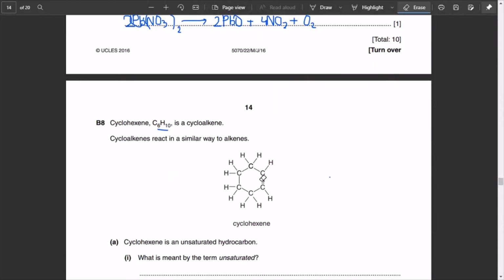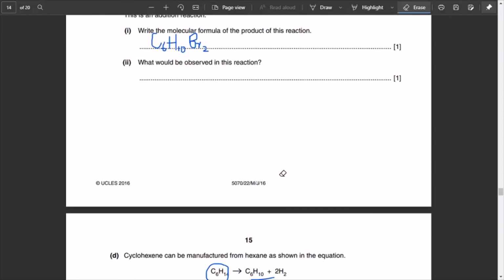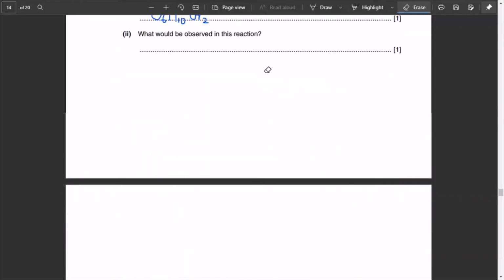This bond will break, so it will be a carbon-carbon single bond and Br. As we are not supposed to draw the structure here, there is no use of discussing this. However, just for your general knowledge, Br will be attached over here and this double bond will be broken.